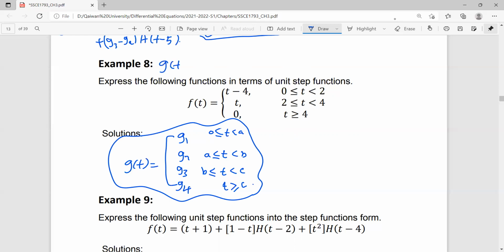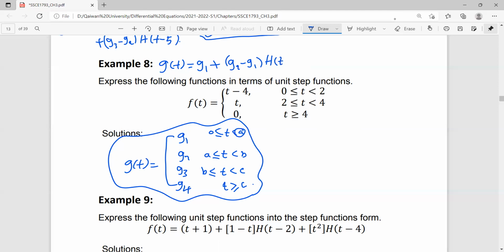G of t equals, first we write down g1 plus g2 minus g1 times h of t minus a.